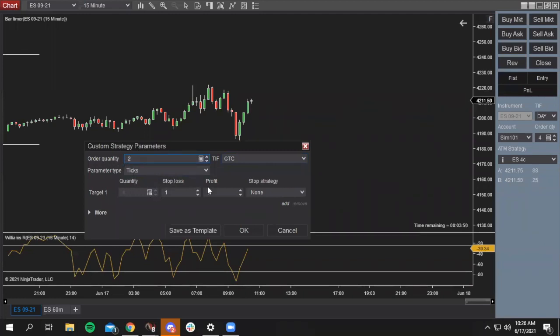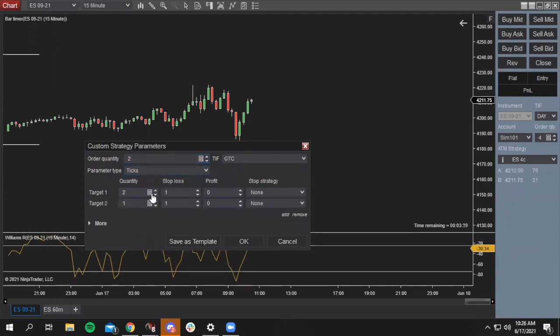If you have 1 target, it ends the trade and sells both of your contracts. If you want 2 targets, so you can take profit early and leave a runner, then you can have 1 contract and 1 contract.